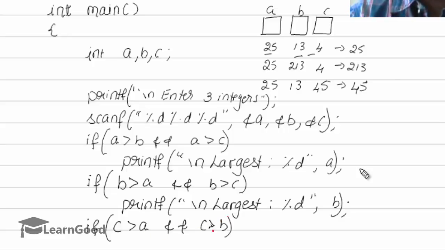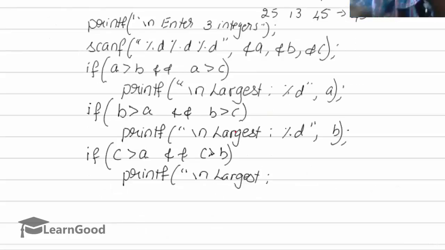If c value is greater than a as well as greater than b, then you can display c as largest by giving largest is equal to %d, that is c, and then close this.